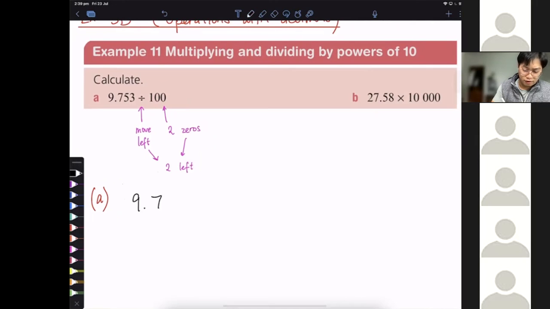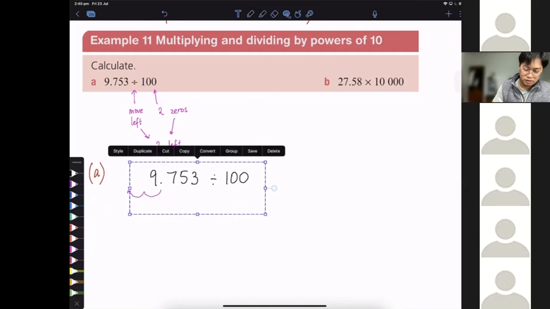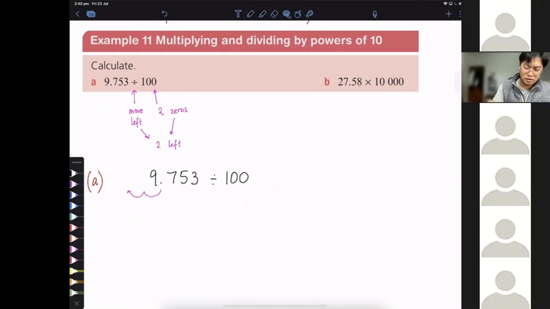So this 9.753 divided by 100, this would go 1, 2. We've got our decimal point. I'll write this a bit further here, so I can show you the working out.